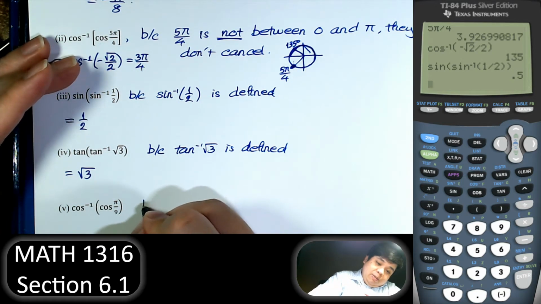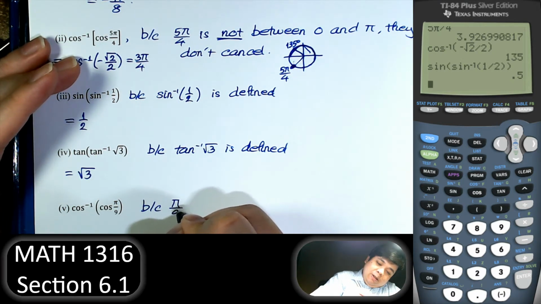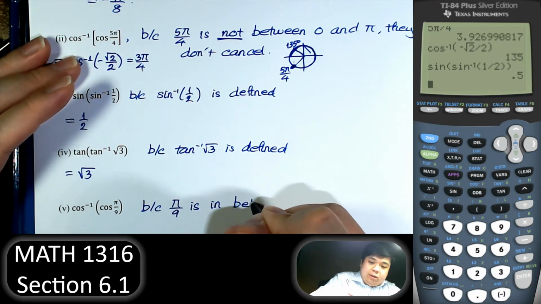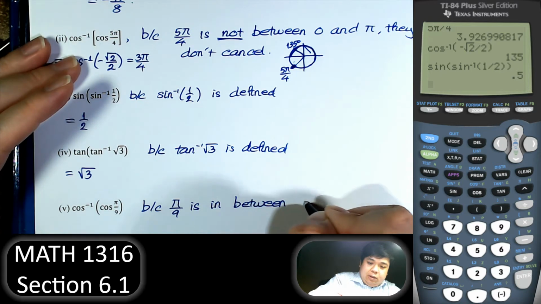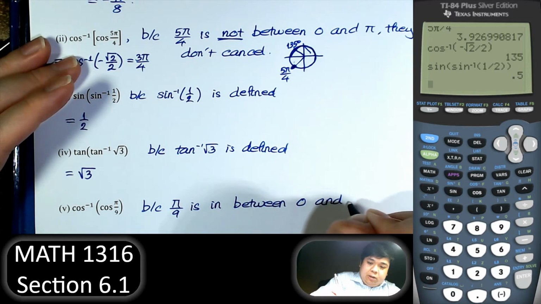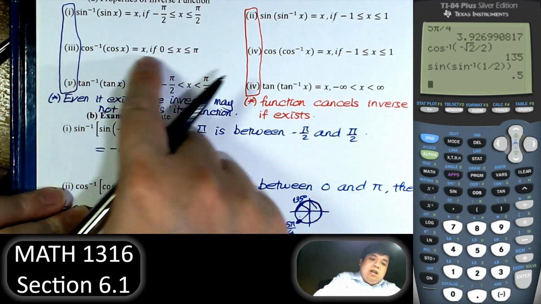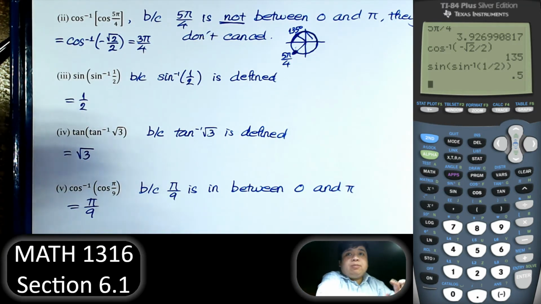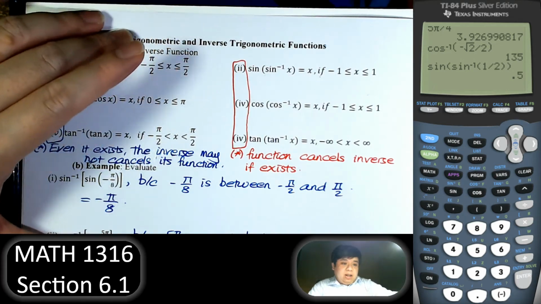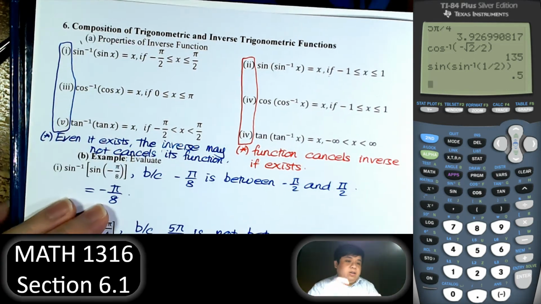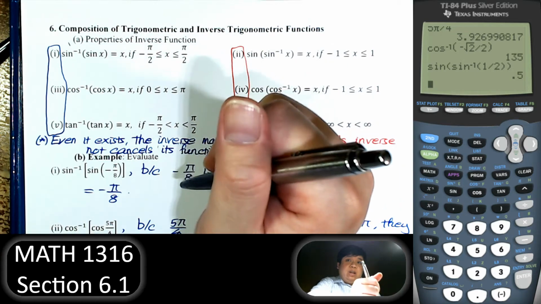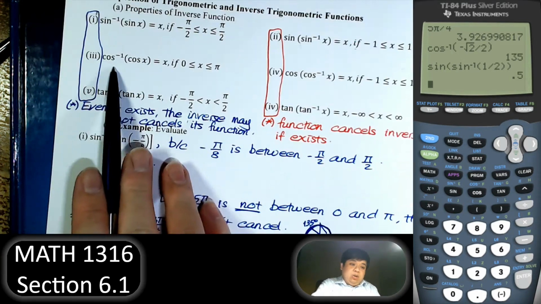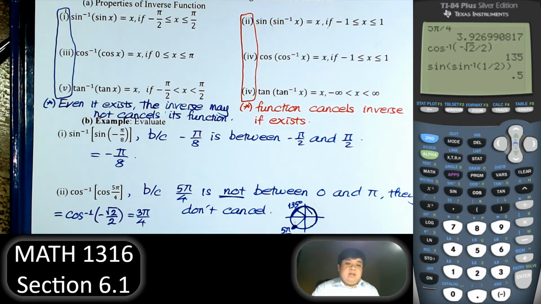So yes, that will cancel out. Pretty much, the angle has to be in the domain for them to cancel out. If not, we have to do the math to determine it: do the inside first and then take the inverse.